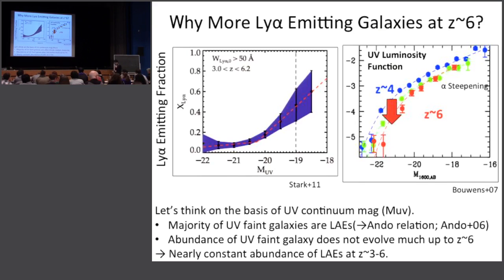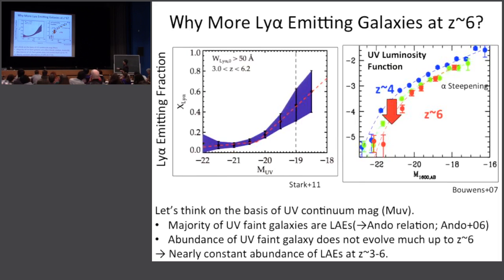I think it is easier for us to think about it on the basis of UV continuum magnitude, or MUV. The left panel shows the Lyman-alpha emitting fraction as a function of the magnitude. I previously showed this as a function of the redshift, but this is as a function of the UV magnitude. Everything is used in this range.